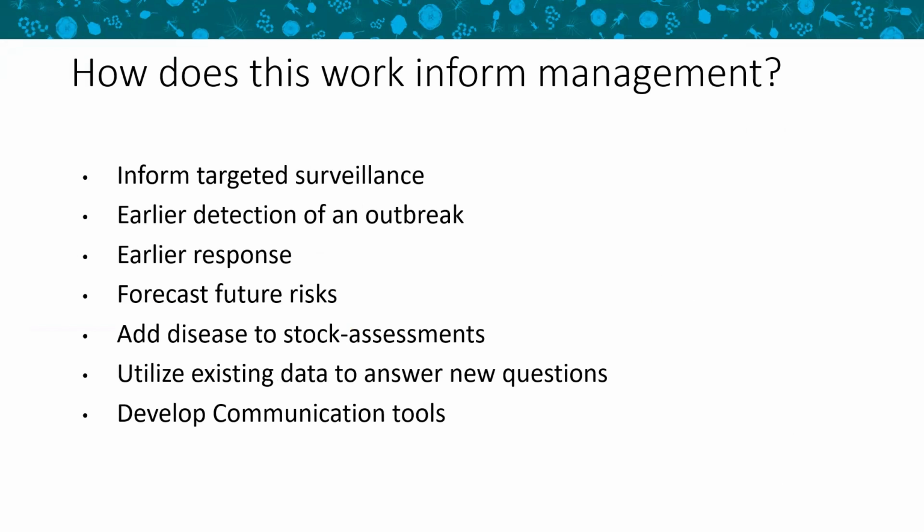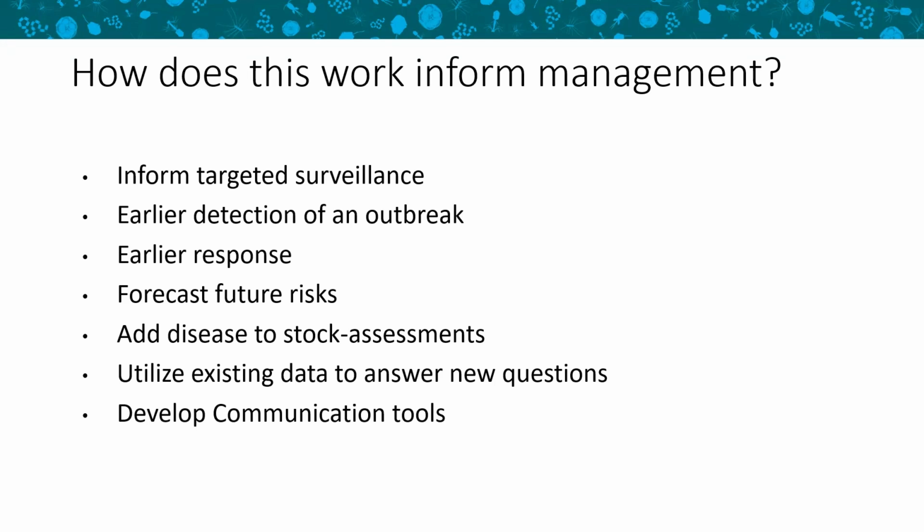So just to summarize how this disease work can inform management, we can inform surveillance methods so that there's targeted surveillance to see a disease when it's occurring and have an early detection of an outbreak, which can lead to an early response. We can potentially forecast future disease risks. We potentially can add disease to stock assessments, so it's managed within the same tool that's being used to manage a fishery.